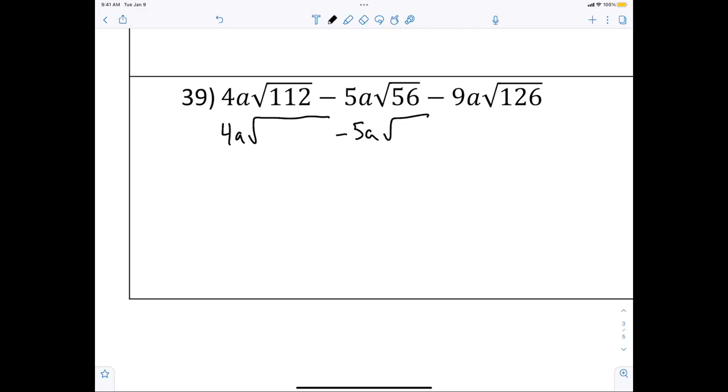How many times? Isn't it 7 times 16? Yeah. Right, and then 56 is what? 8 and 7. 8 and 7 is not a perfect square.